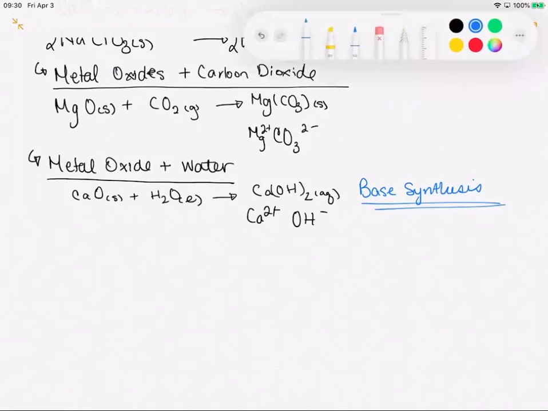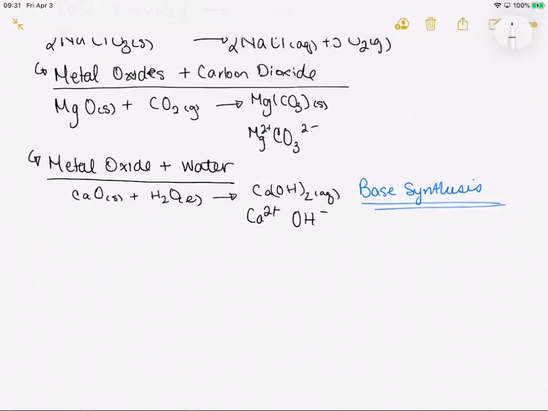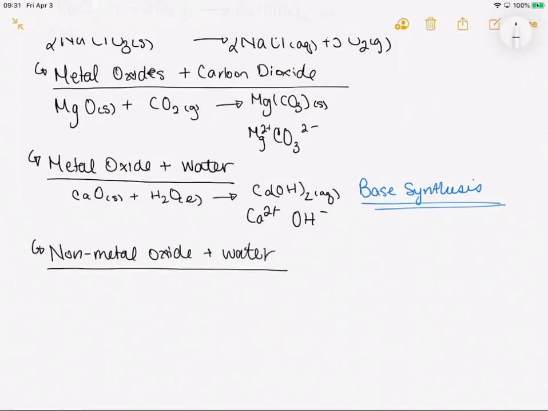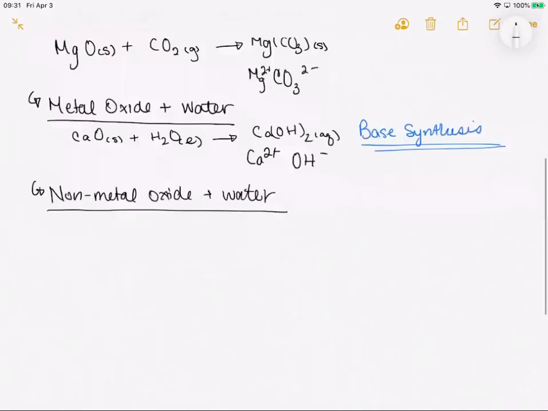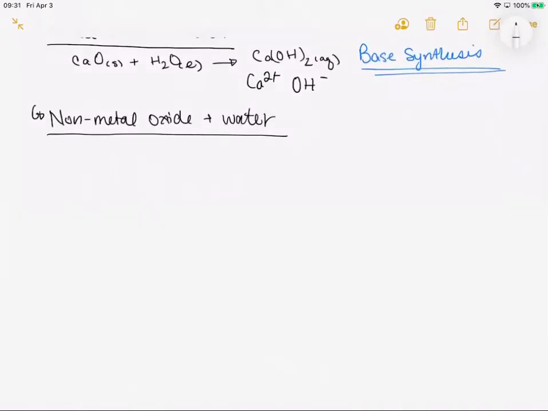Okay, and if you remember from class, if a metal oxide plus water forms bases, then a non-metal oxide plus water is going to form acids, okay?